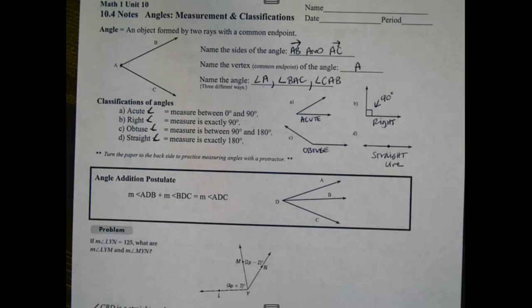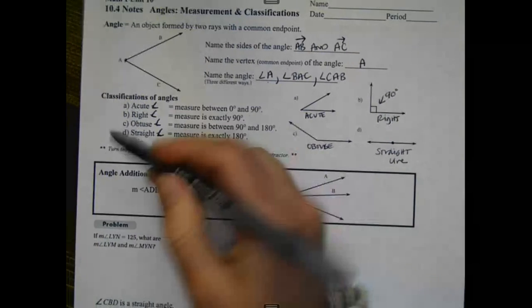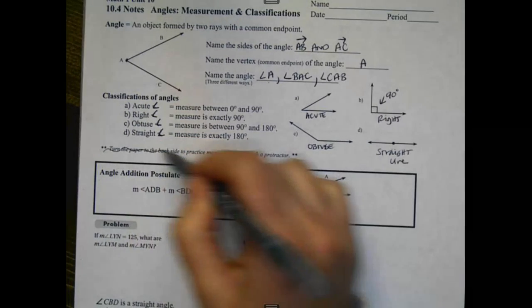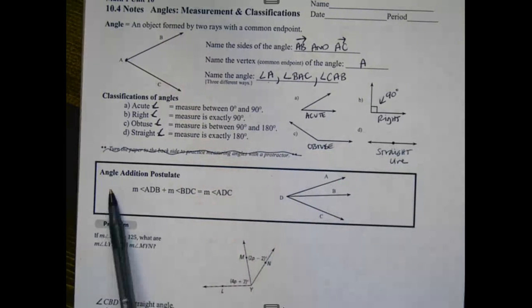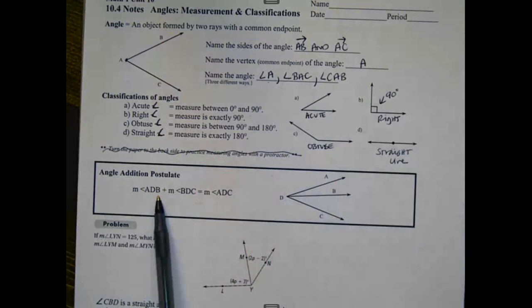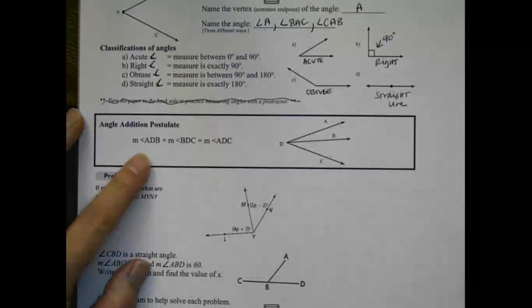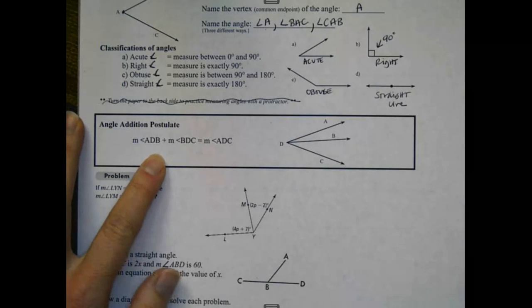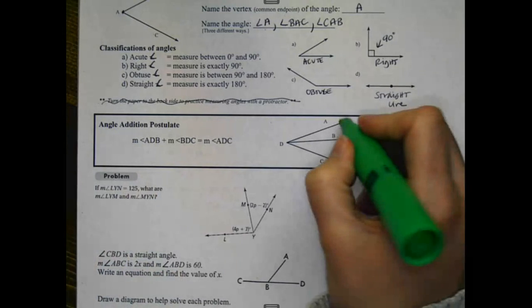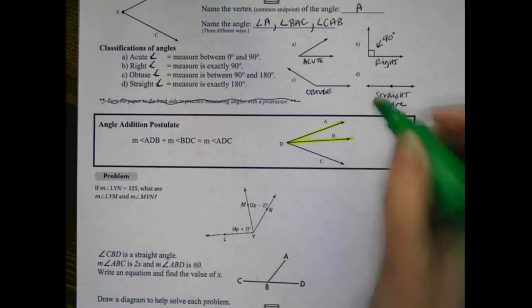Okay, so I think I erased this on your copy here. So our angle addition postulate, this is something new for you guys. So we have the measure of our angle ADB. So ADB is here, and we kind of already went over this as well.